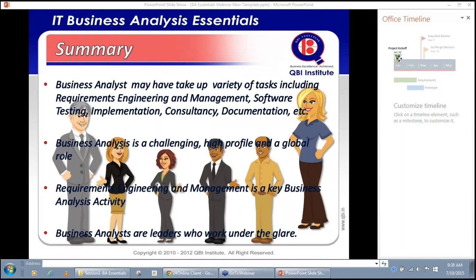So find a project champion, be prompt in your communication, and follow standard notation and methodologies, so that there is little scope for misinterpretation.